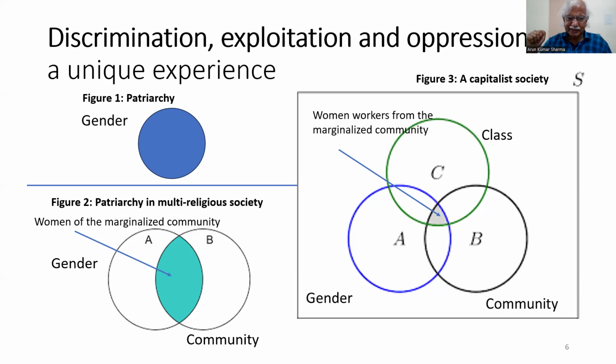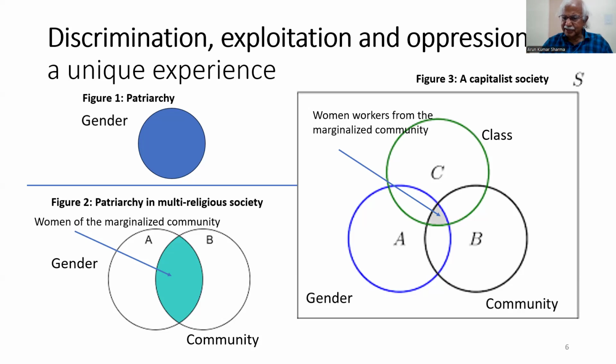So there is intersection, and this intersection tells us that there are unique experiences of those who belong to both A and B simultaneously. So women of the marginalized communities form one such category, and their problems, their woes, their perceptions have to be studied separately. In figure 3, there are three circles.